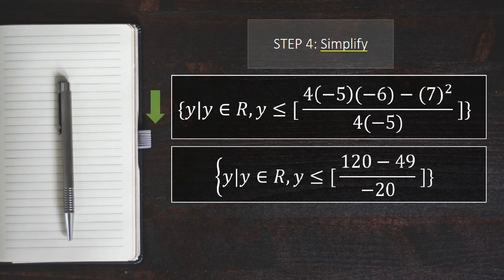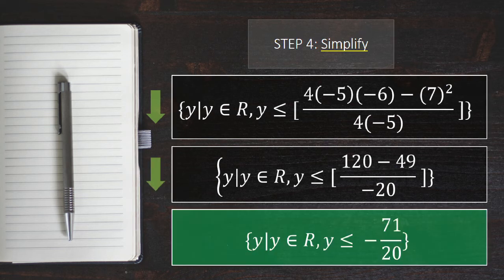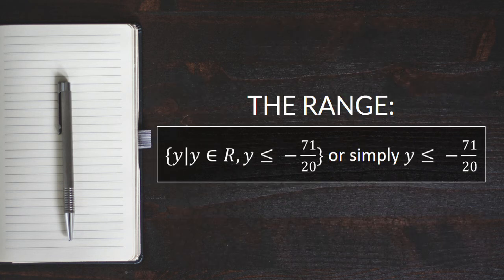Subtract 49 from 120 and we'll have negative 71 over 20. Since it is already in its simplest form, the range is the set of y such that y is an element of all real numbers, y is less than or equal to negative 71 over 20.